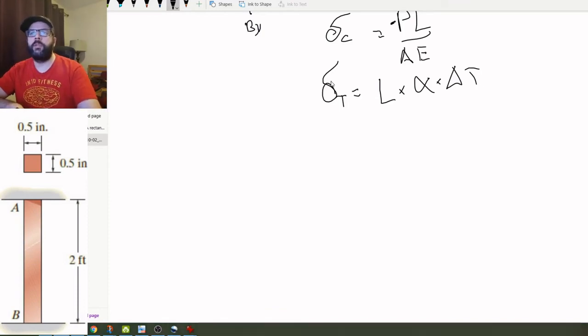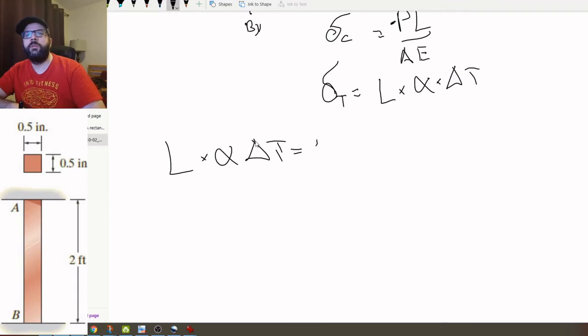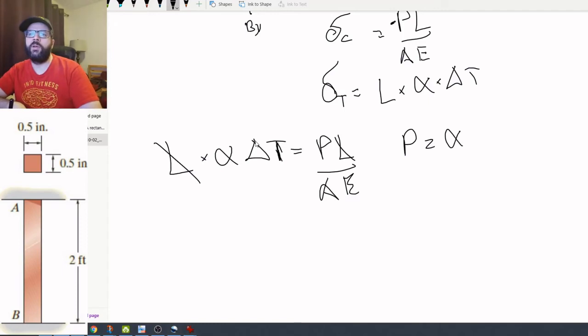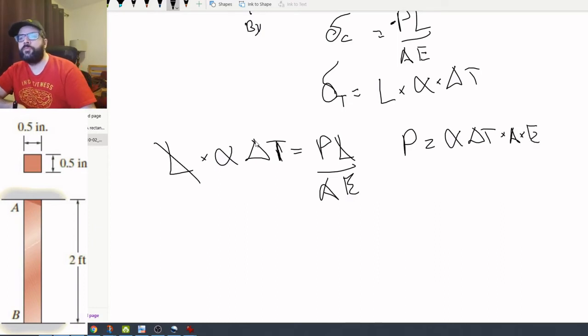Move the one with the negative term over to the other side, and we get L times alpha delta T is equal to PL over AE. So simple enough here. Cancel out the L's, and we can solve for P. It's going to be equal to alpha delta T times A times E.